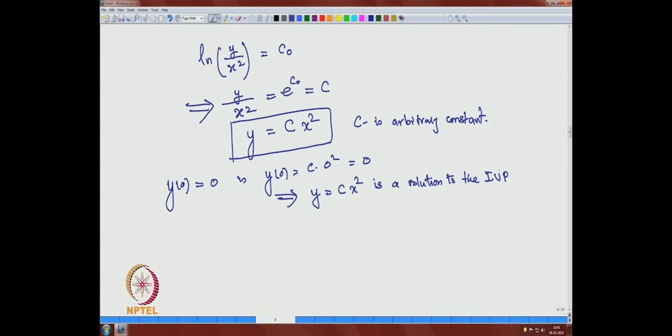It is satisfying the differential equation, and at the same time it is also satisfying the initial condition for all values of C. So y is equal to C x square is a solution to the initial value problem for every value of C. So what does it say? It says that the initial value problem has infinitely many solutions.